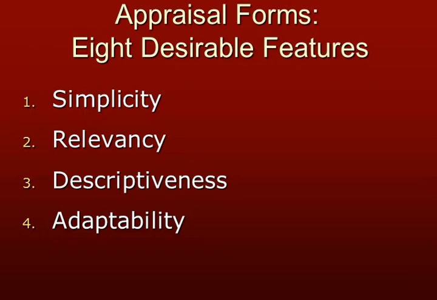The form should be sufficiently descriptive that an outside party, for example a supervisor or HR department, has a clear understanding of the performance information conveyed. Then there comes adaptability. It allows managers in different functions and departments to adapt the form to their particular needs and situations, and this feature encourages widespread use of the form.